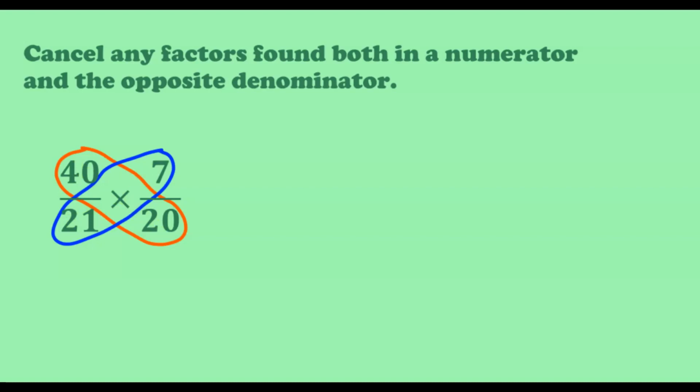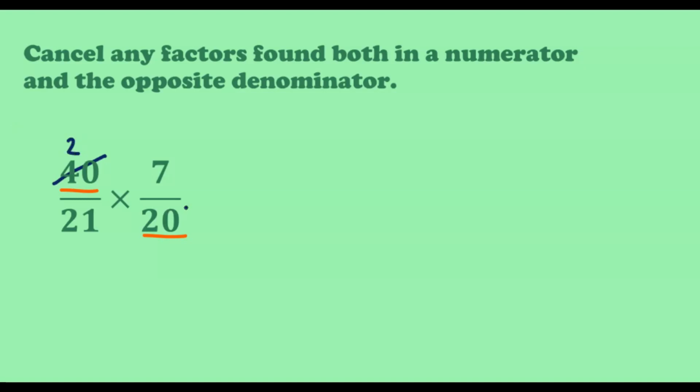So now let us apply the method and multiply these two fractions. First, we're going to look for a common factor between 40 and 20. Note that 20 is a common factor of both these numbers. So we're going to divide both of these numbers by 20. If we divide 40 by 20, we get 2.